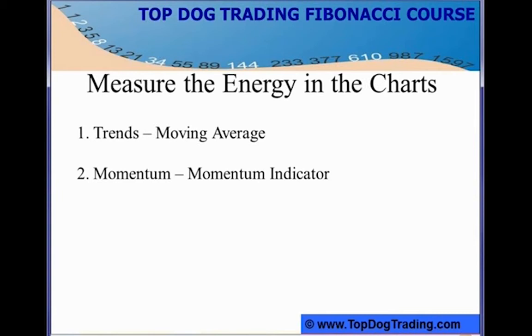So now there's another question here. Wait a minute, Barry, how do you know which level is going to hold this time? How would we know that it wasn't going to hold off 23 and then continue a downtrend? Or how did we know it wasn't going to hold 38 and continue a downtrend? How did we know 50% was the level that was going to hold?